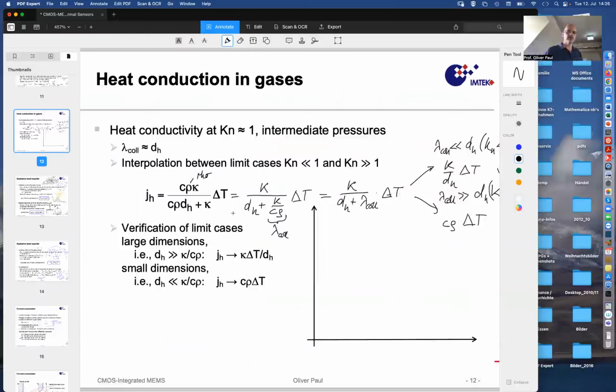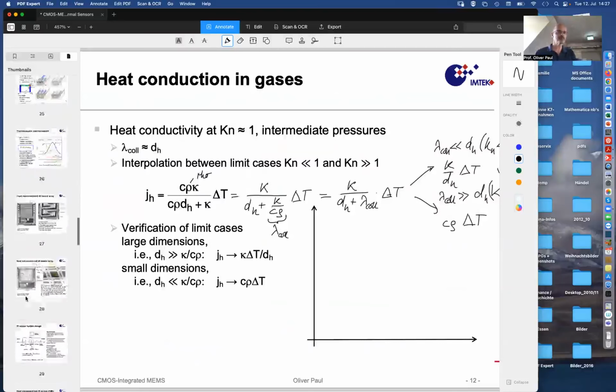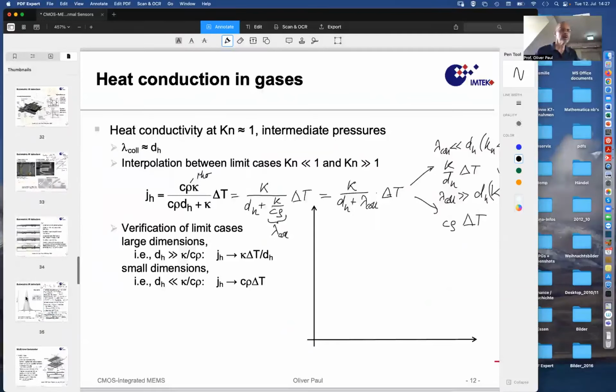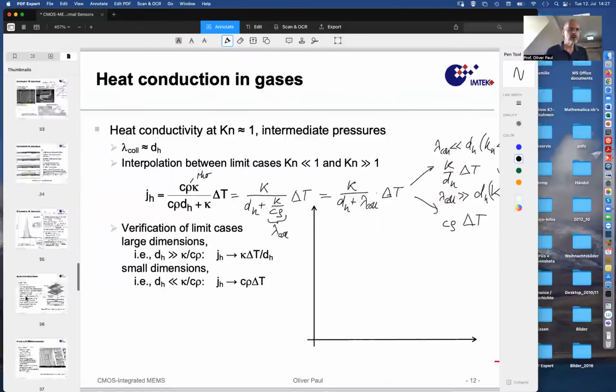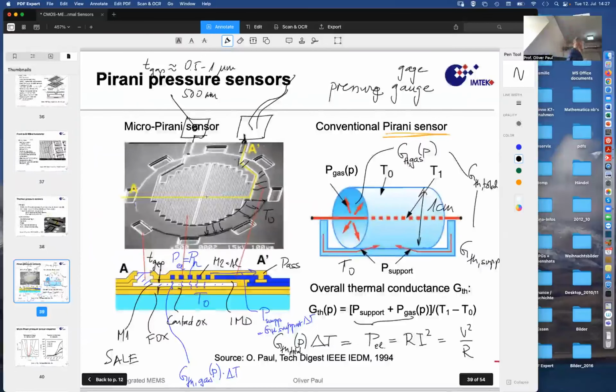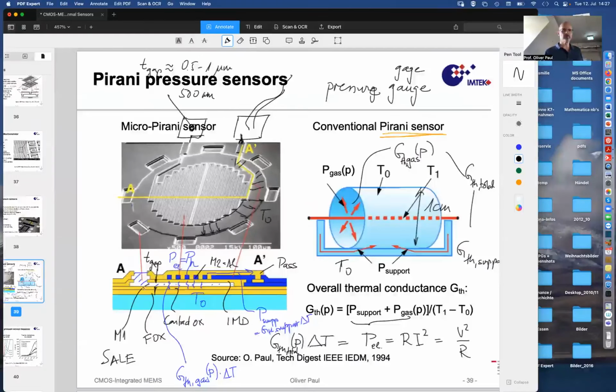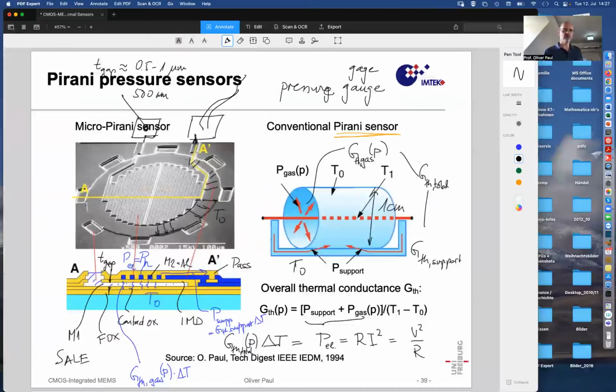And of course they depend on the density and therefore also on the pressure. And this is what is at work in this sensor. So you can imagine that at room pressure, this sensor has a certain horizontal and vertical conductance, which is given by the continuum heat transfer through the dense gas in the gap.